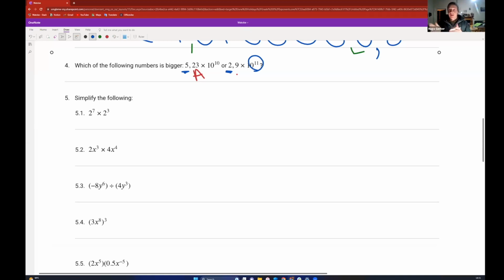So it's like the one would be billion and the other one would be trillion. So if you can get 2 trillion, why would you take 5 billion? You get what I'm saying?